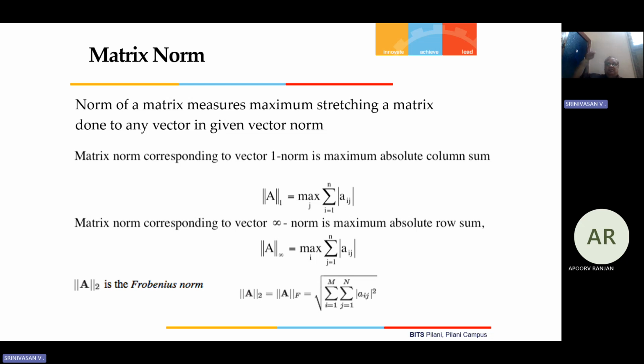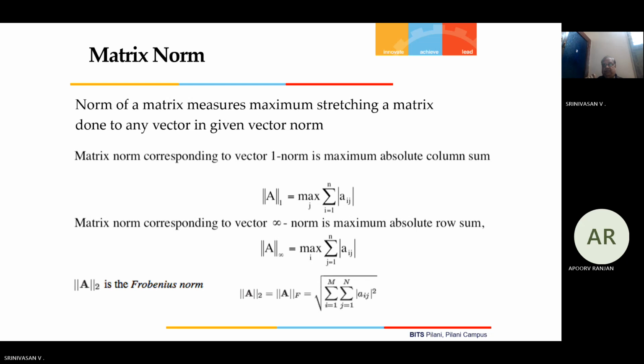You find the sum of absolute values of each column and then take the maximum. So the absolute column sum is the maximum over j of the summation over i equal to 1 to n of modulus Aij. That is the matrix norm corresponding to the vector 1 norm.